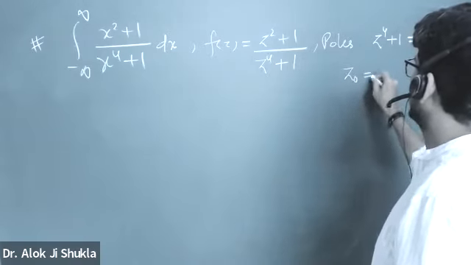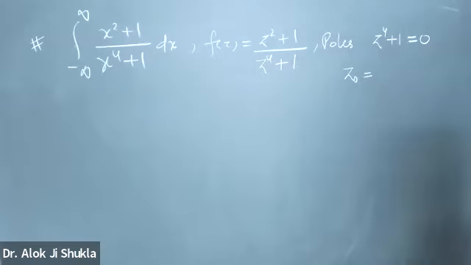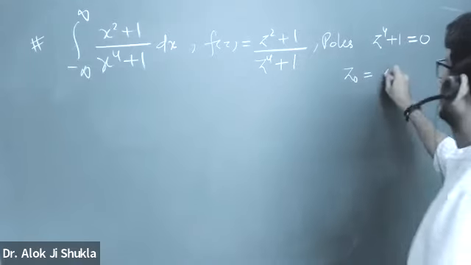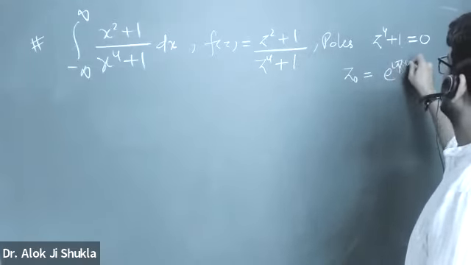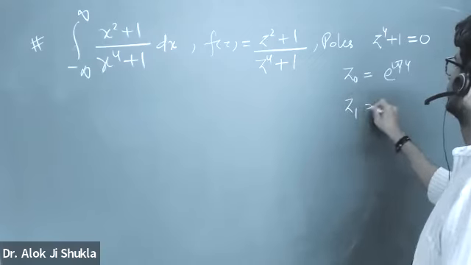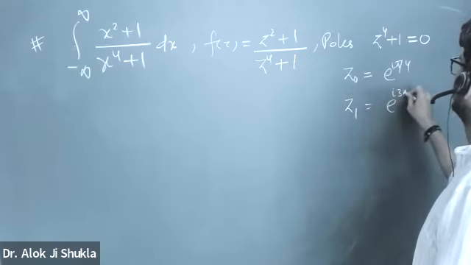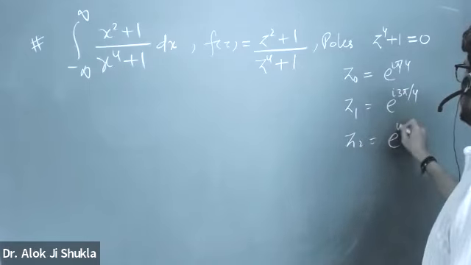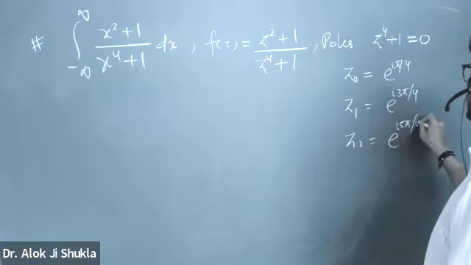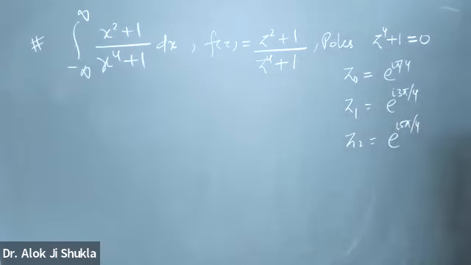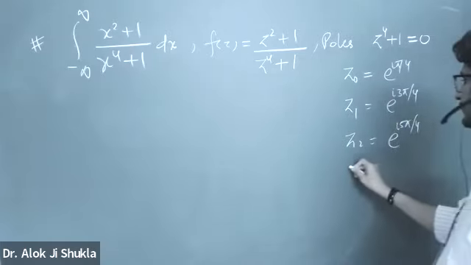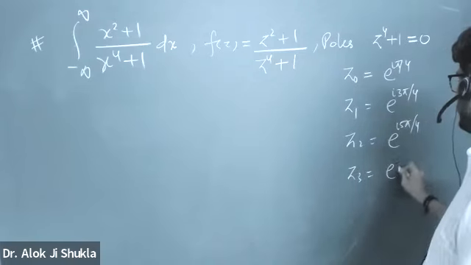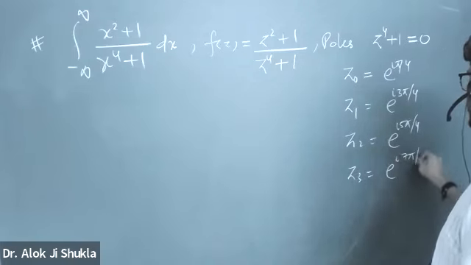What we get as z naught: e to the power i pi by 4, e to the power i 3 pi by 4, e to the power i 5 pi by 4, and e to the power i 7 pi by 4.